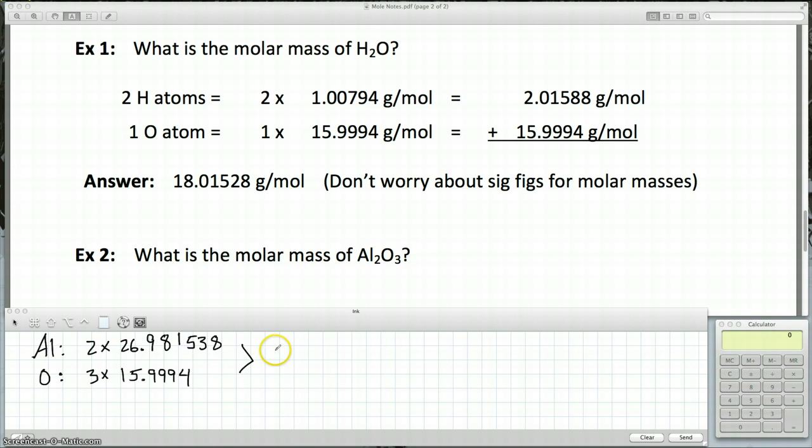So when I add all that up, I get 101.961276. And again, the unit is grams per mole. So, fairly straightforward there, just finding the red numbers for each thing, multiplying it by how many there are, and then finding the total.